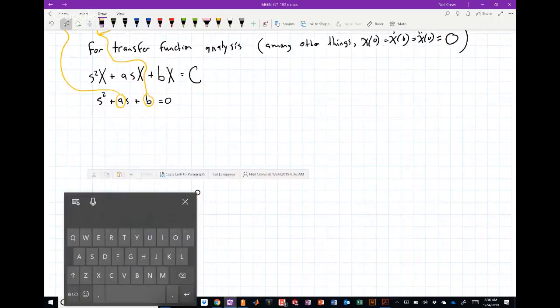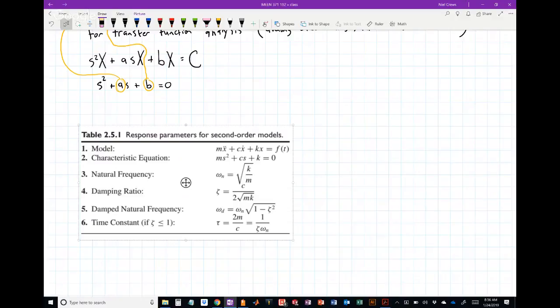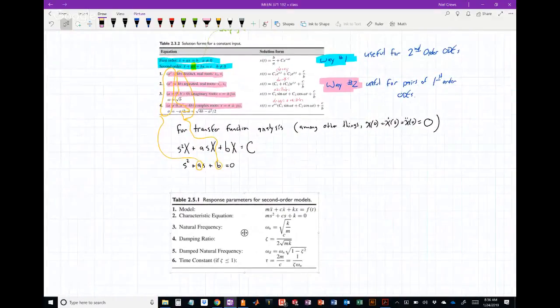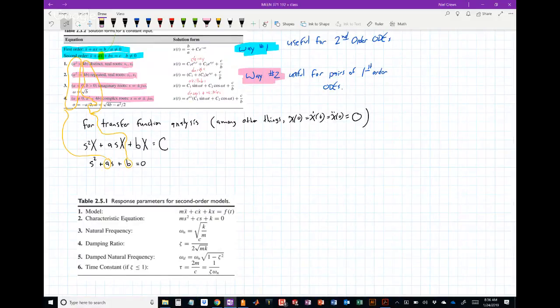It was a little bit frustrating during the first exam when we had these two sets: this second order equation with 1, A, and B as the coefficients, and then C over here, and then we also had to play around with M, C, and K. M is 1, A is C, and K is B. We'd have to go back and forth and wonder about that.